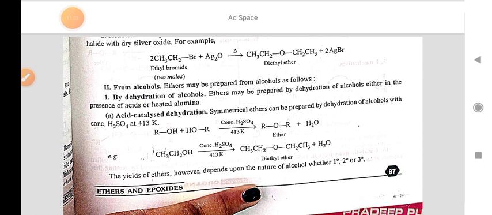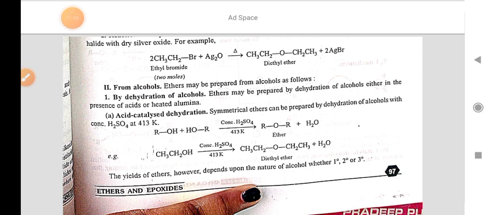From alcohol, ether may be prepared by dehydration of alcohol, either in the presence of acid or heated alumina. Acid catalyzed dehydration: symmetrical ethers can be prepared by dehydration of alcohol with concentrated H2SO4 at 413 Kelvin.